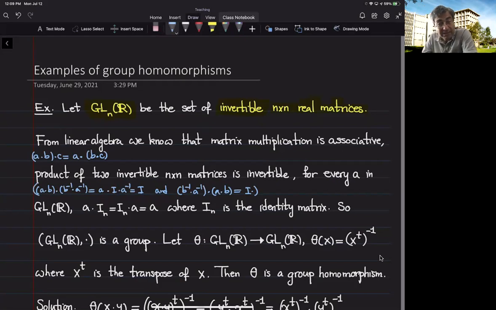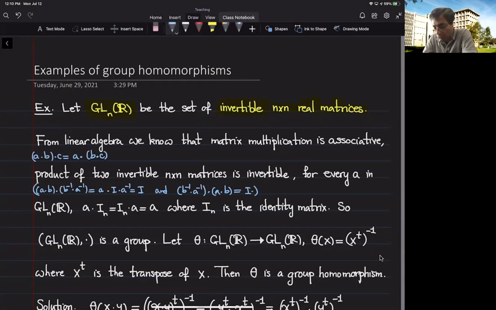So GL_n(R) under multiplication is a group. This is an important group. We study this group and all the subgroups of this group in a part of group theory which is called linear groups.